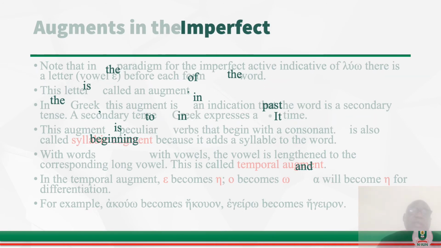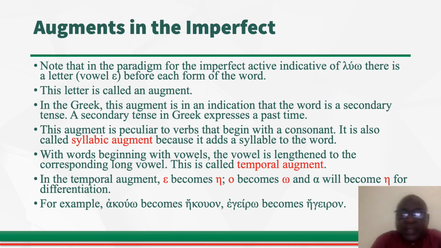Now, one thing you will notice in the imperfect is the use of epsilon before most of the words that begin with consonants. This letter is called an augment. In Greek, this augment is an indication that the word is a secondary tense.